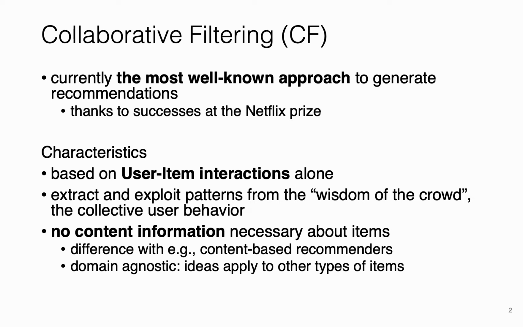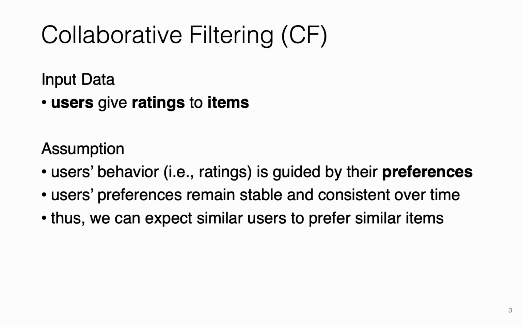It does not care about what kinds of items are being recommended. Collaborative filtering only uses information from the interactions of users to items. In these slides, we will be focusing on explicit feedback, so we will be talking about ratings.